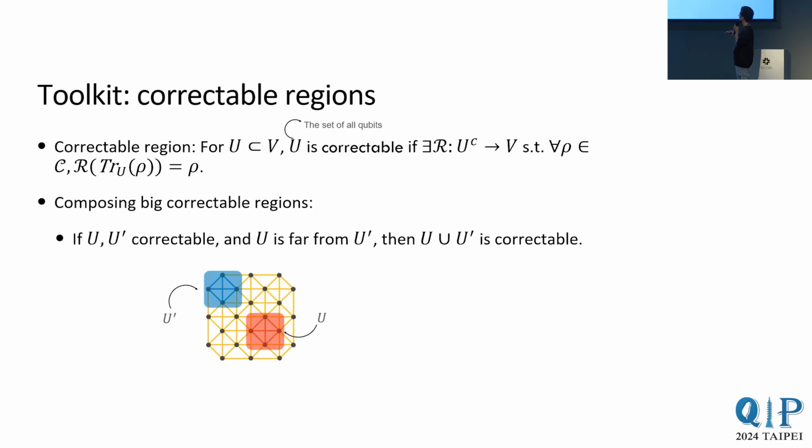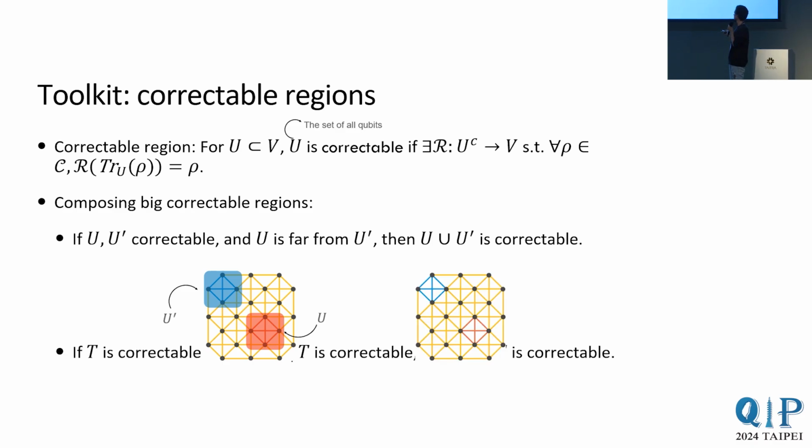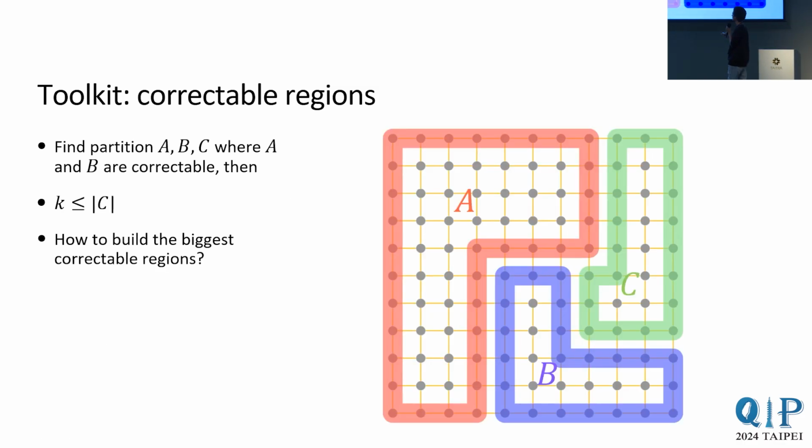In particular, if I have U and U prime that are correctable and they don't share any edges, then the union of U and U prime is correctable. This is called the union lemma. I also have the expansion lemma, where if U is correctable and its boundary is also correctable, then the union of the two is also correctable.